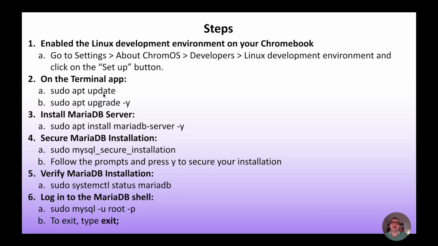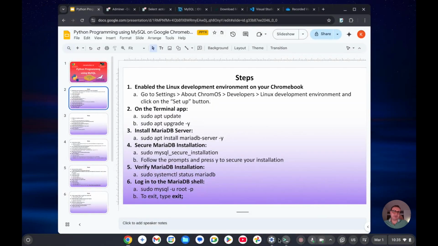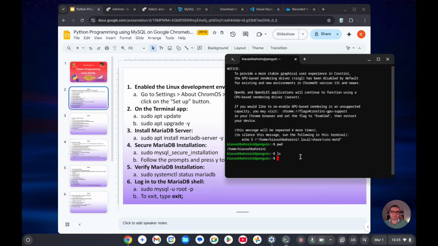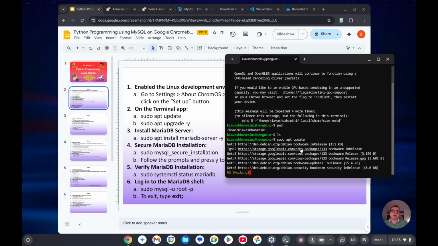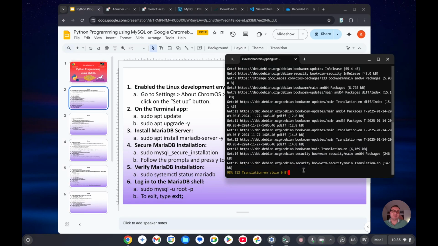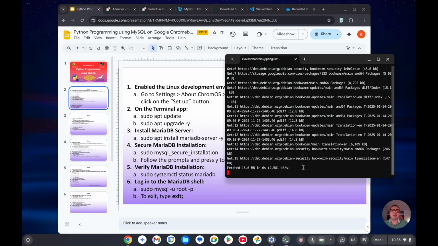Step 2, on the terminal app, we need to write sudo apt update and sudo apt upgrade -y. So why do we do this? We do this because we want to make sure that the list of our applications is in the updated version. So sudo apt update will update the list of the applications, but it doesn't upgrade the applications at all.